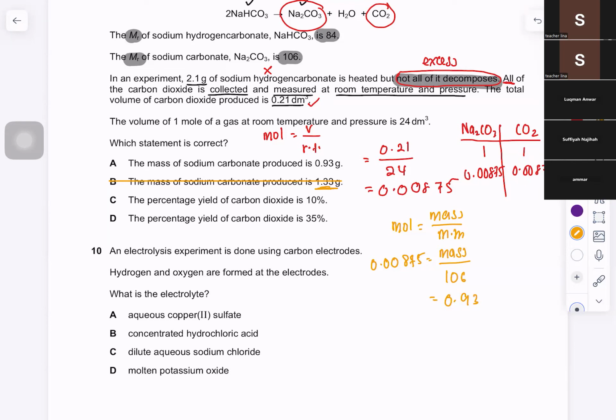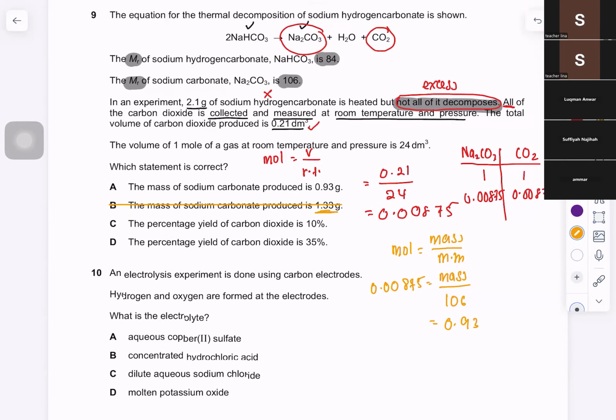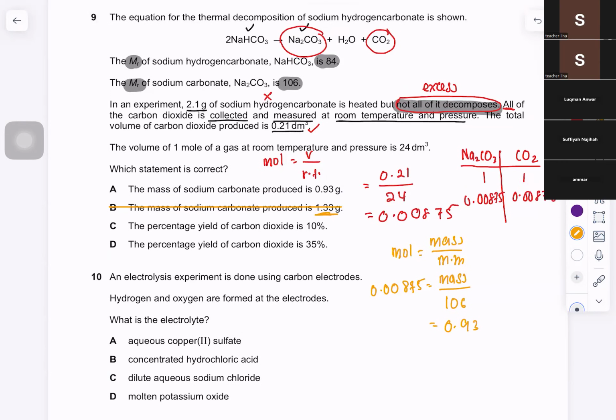Oh, kalau tak you choose B kan? Okay, faham. Sebab this one dia kata in the experiment 2.1, this one you need to baca betul-betul. But teacher pun tak perasan this one. Sodium hydrogen carbonate is heated, but not all it decompose. Not all it decompose, so means that that one have in excess. So dia tak take reaction lah.